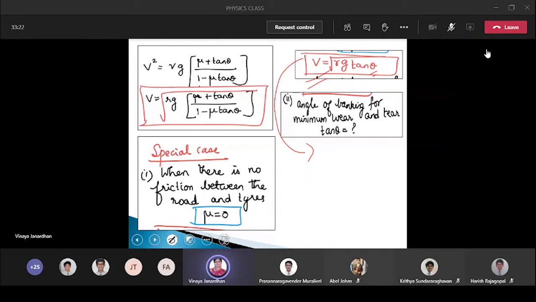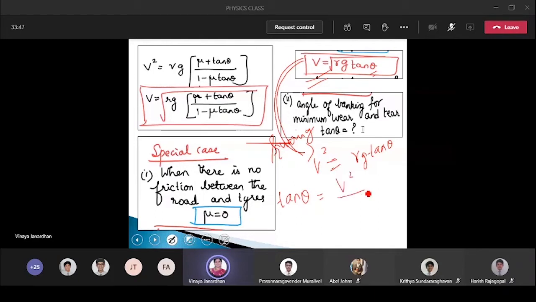Can you get tan theta from this equation? How will you get tan theta from the equation? I'm squaring this expression. Let me square the above expression. V squared is equal to Rg tan theta. Then what is tan theta?